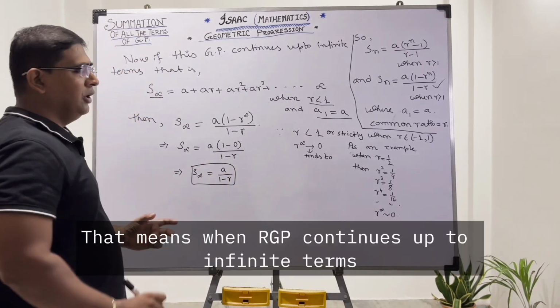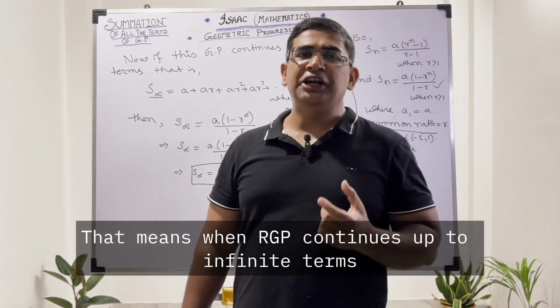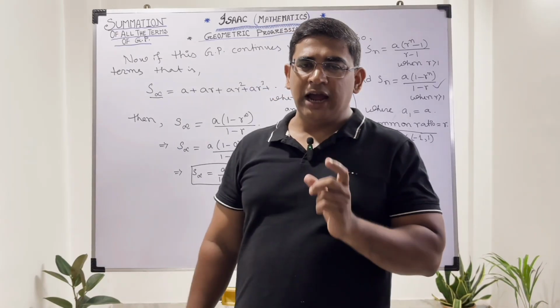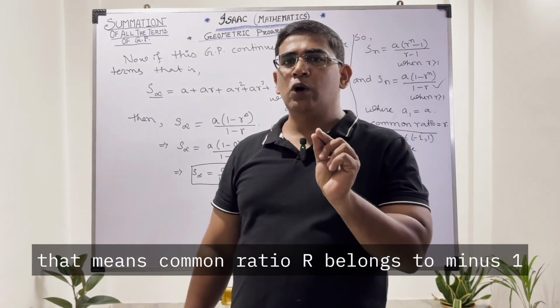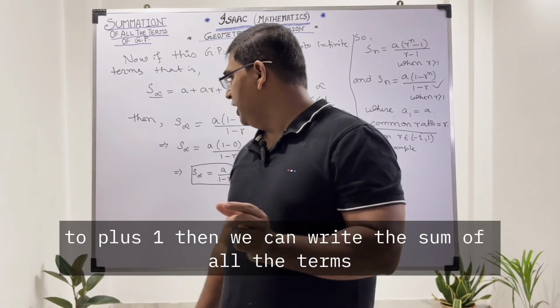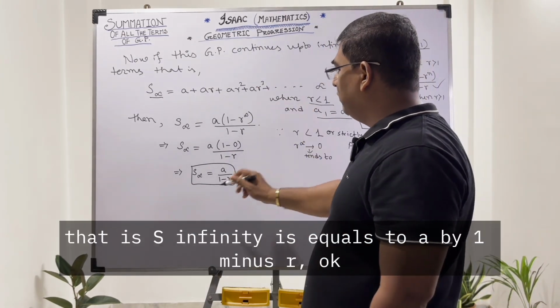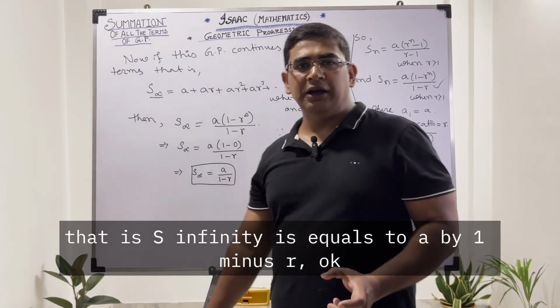Okay, that means when our GP continues up to infinite terms where the common ratio is lesser than 1, that means common ratio r belongs to -1 to +1, then we can write the sum of all the terms, that is S infinity, equals a by 1 minus r.